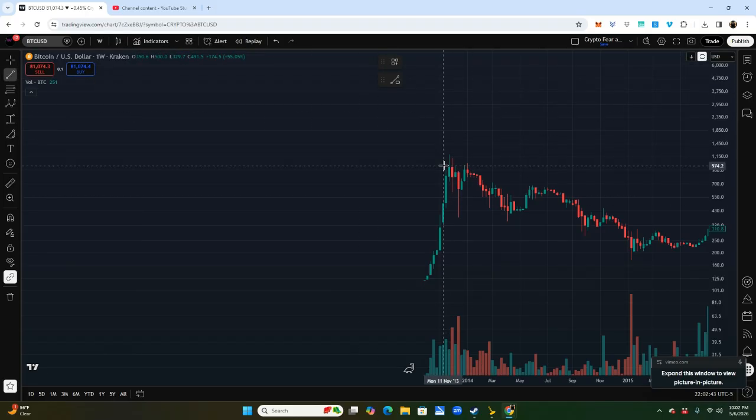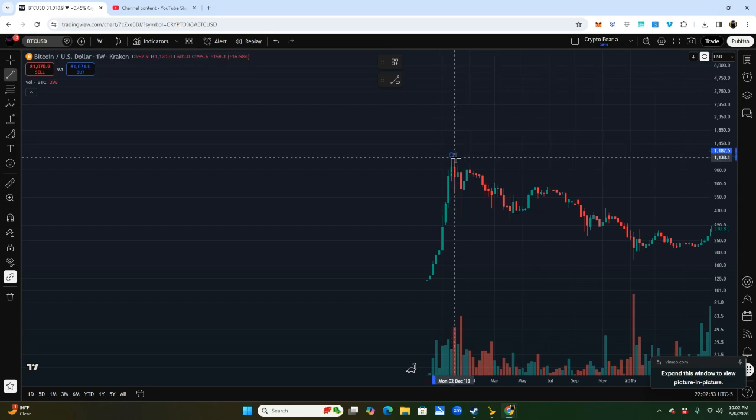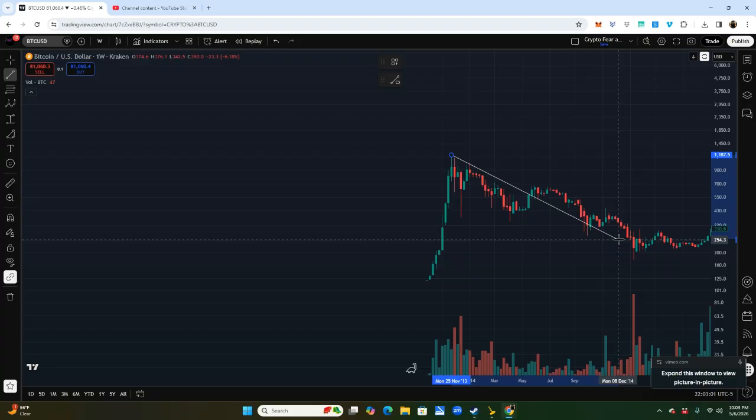There's a couple different ways to draw trend lines. Some people will use candles, some people will use wicks. Your wick here would be the start of the trend line. Now, if you're using only wicks, you would have a trend line that comes all the way down here.